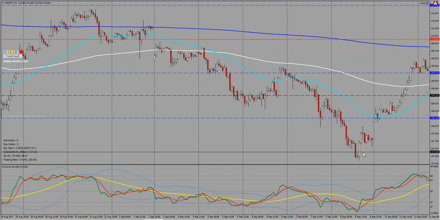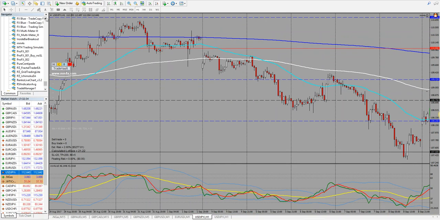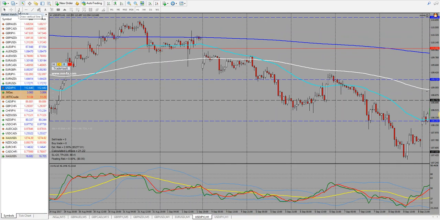And what happens? There's no more action below this 107.500. Now it starts to reverse. So this is how we say, hey, this is an interesting area to be looking at. Let's mark it. So it goes around here.